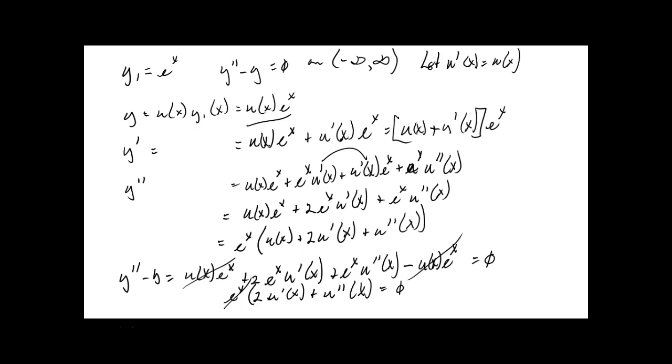So what we have now, u double prime would be w prime, plus 2w is equal to 0. So now we've made a second order differential equation into a first order. Here was the second order. Now we've made it into a first order, which is a linear first order equation in w.